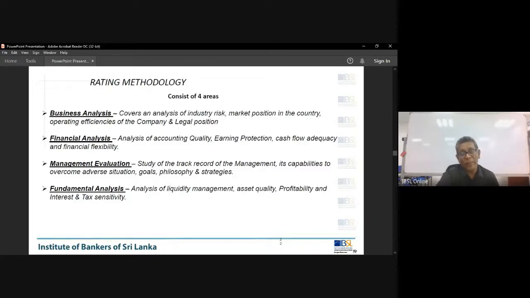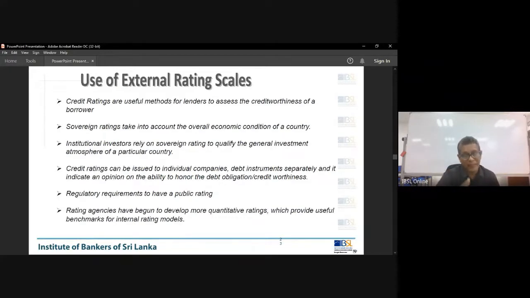So when you're going for ratings, usually an external rating organization may look at these four areas, right? And this is not a rating study, therefore I'm just briefly touching on the importance of credit rating for business.